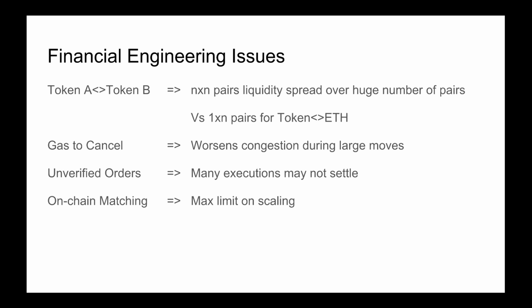What this means is the liquidity is spread over n times n squared pairs. So if you have 1,000 tokens, your liquidity is spread over 1,000,000 pairs. Versus if you have against a medium of exchange like Ether, you only have n pairs. That's a lot more focused liquidity.